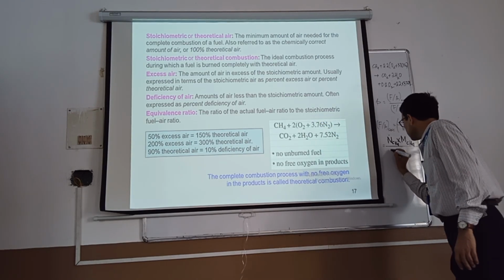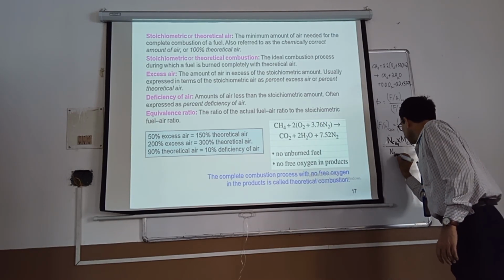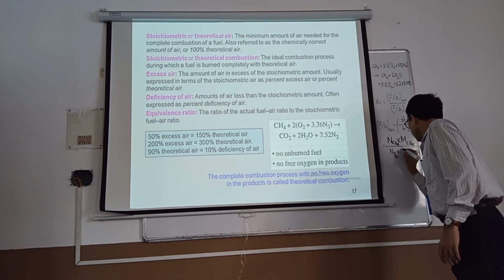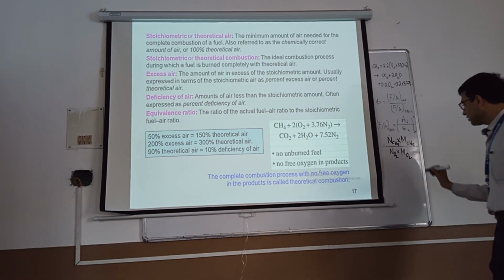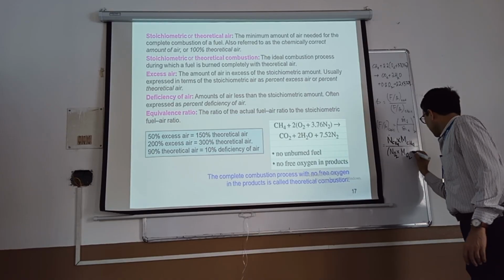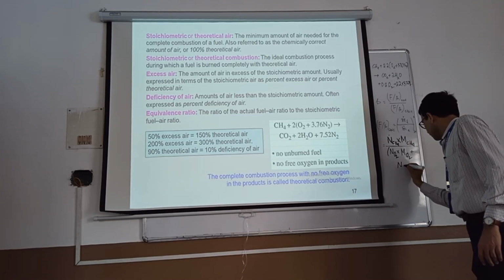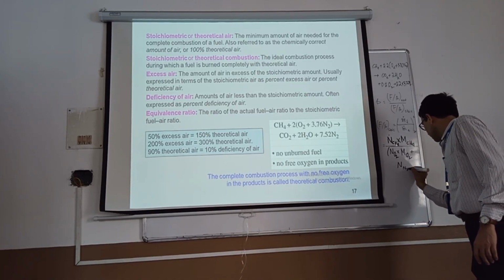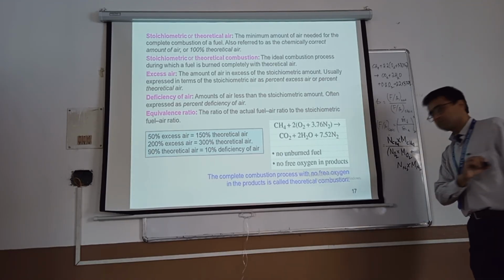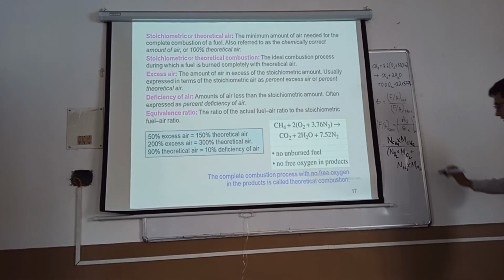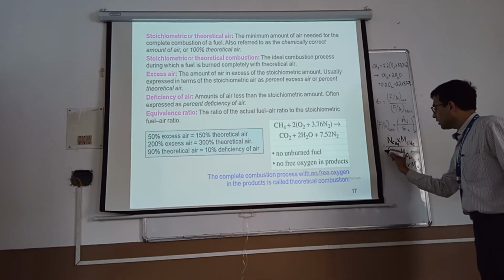So oxygen means number of moles of oxygen multiplied by molecular weight of oxygen or molar mass of oxygen, plus number of moles of nitrogen multiplied by molar mass of nitrogen. Clear?